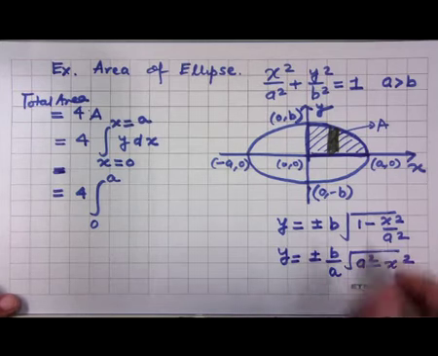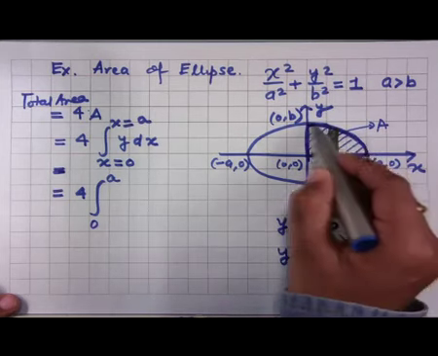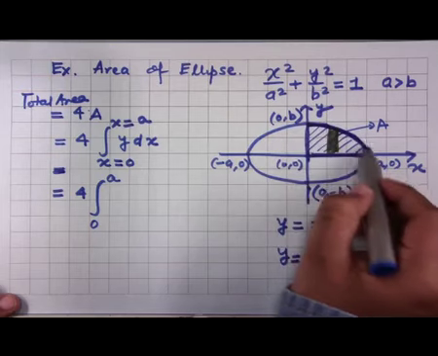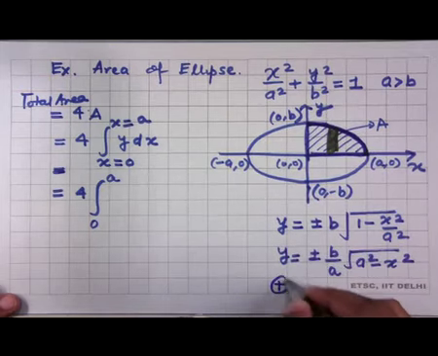So, for each value of x you are getting 2 values of y, but since you are using the portion of the ellipse which is lying above x axis, you will be taking positive sign.